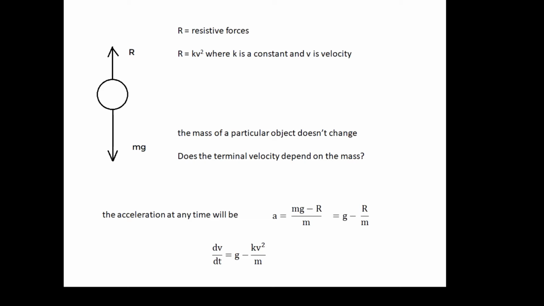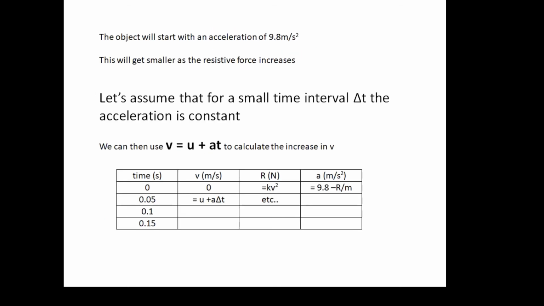Okay. However, there is another way of doing it, a sneaky way of doing it, and that is using this idea of an iterative method. What we're going to do is we're going to assume that for a small time interval, delta t, we're going to assume that the acceleration is constant. Now, is the acceleration constant?